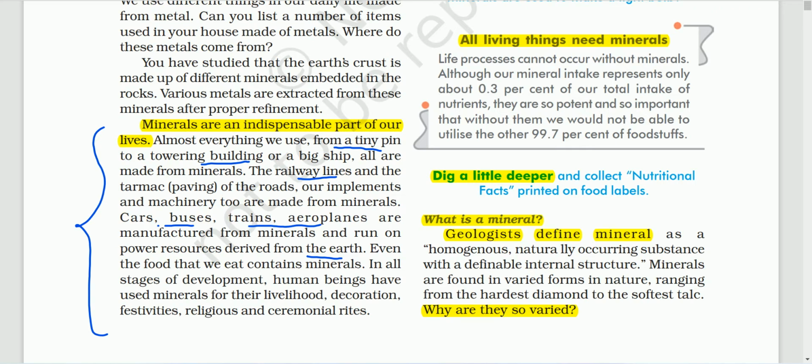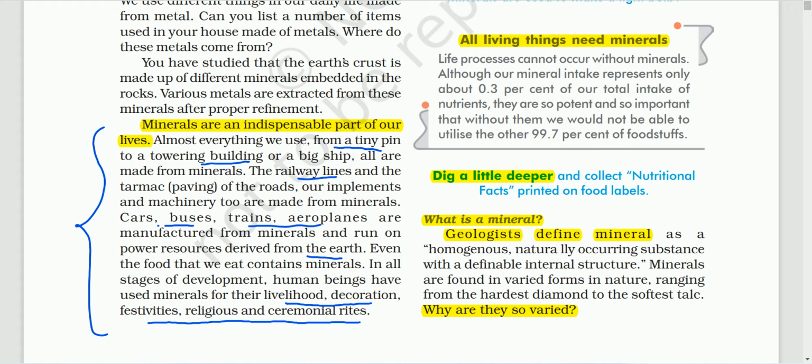In all stages of development, human beings have used minerals for their livelihood, for decoration, for festivities, religious, and ceremonial rites. That means in every step of our life, we require mineral and energy resources.